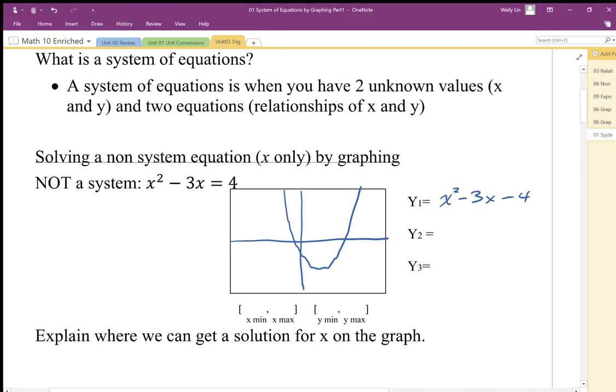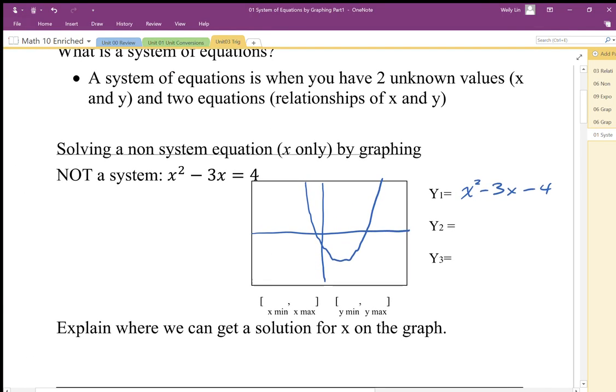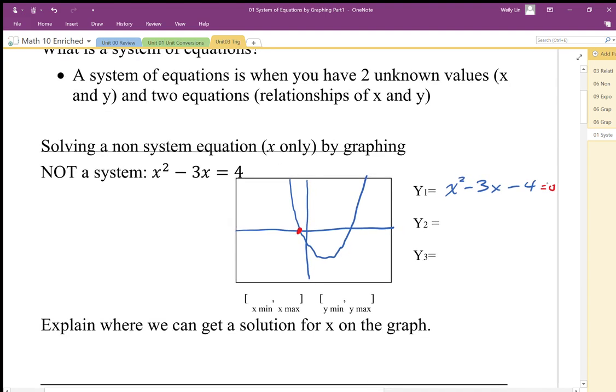And where am I going to find the solutions to this graph? I'm going to find the solutions to this equation equal to 0. I'm going to find the solutions where it's equal to 0 on the x-axis. So just clean that up a little bit. Where it's equal to 0 is where it hits the x-axis.